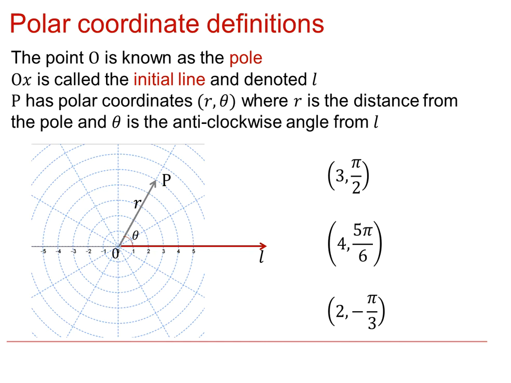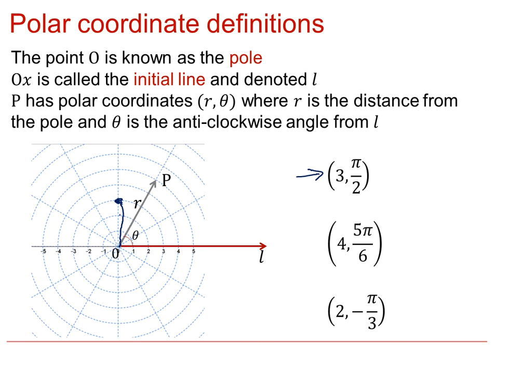So if we were to look for (3, 3 pi by 2), it doesn't matter which you work out first, but the angle 3 pi by 2 is going to be a vertical line, and then we would count up 1, 2, 3 points. If we were to draw r in, that r would be a straight line up there to give us that point.